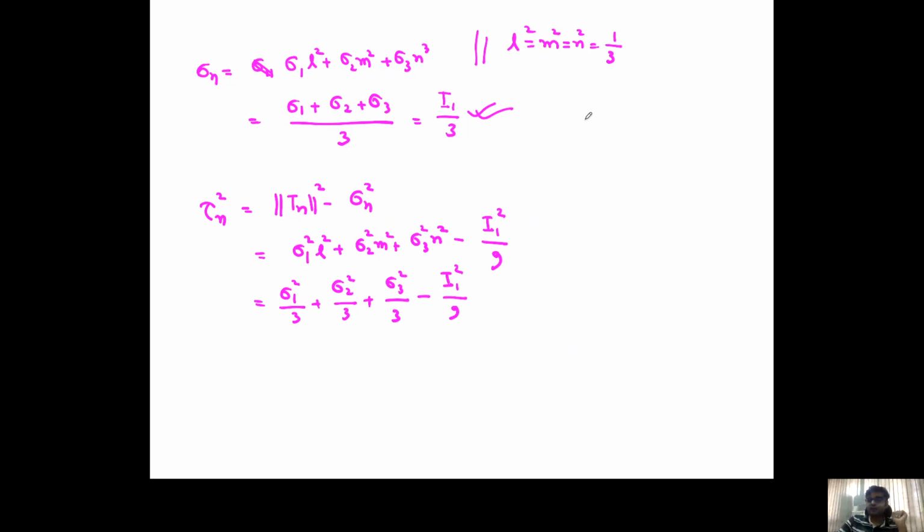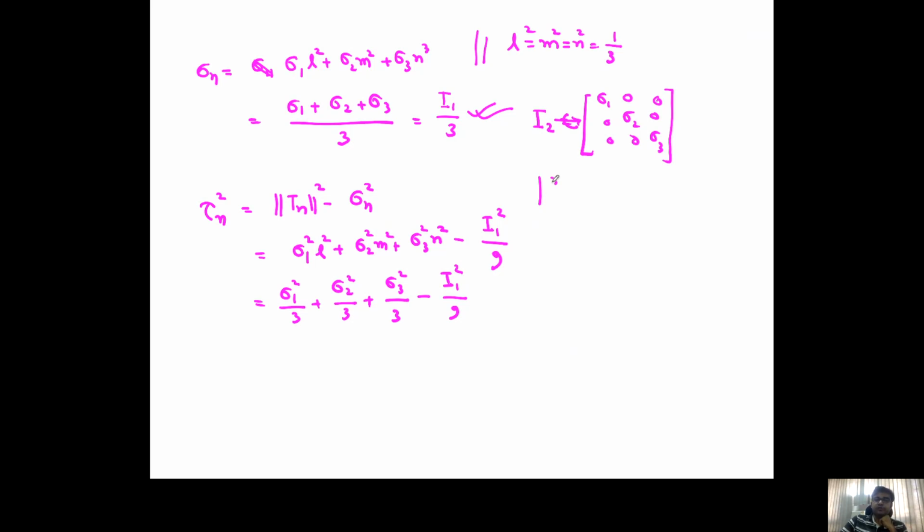Now what I want to do is compute I2 for the principal stress matrix. So what is I2 for this one?